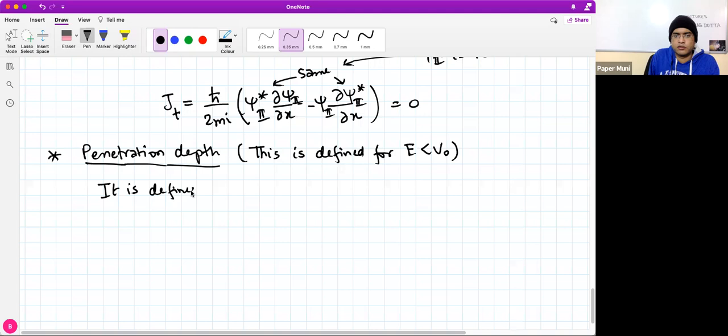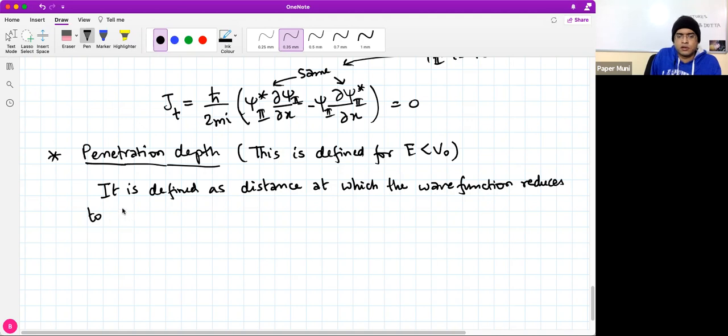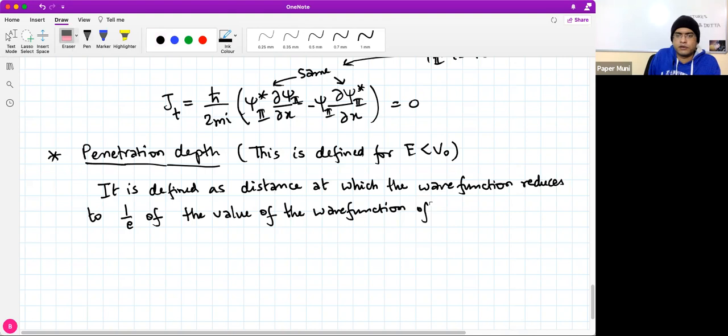It is defined as the distance at which the wave function reduces to 1 by e of the value of the wave function at the barrier.